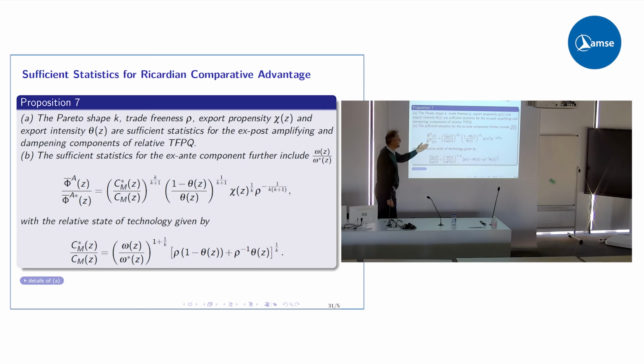And so this is the ex ante component, where you see that you can get to this thing using the sufficient statistics, because this ratio itself can be expressed as a ratio of factor prices and then these combinations of export intensity.